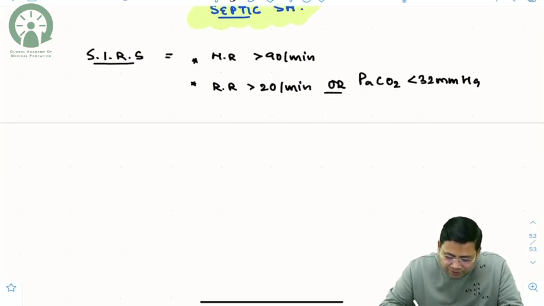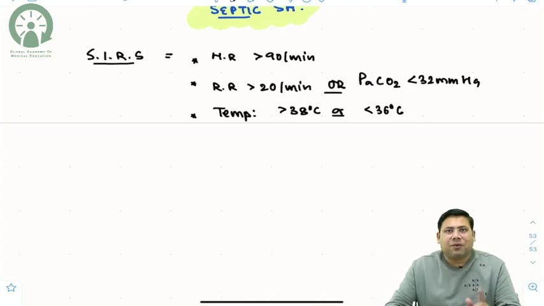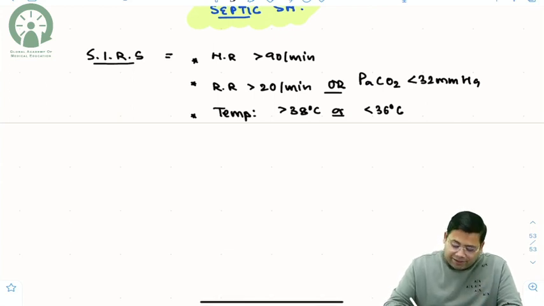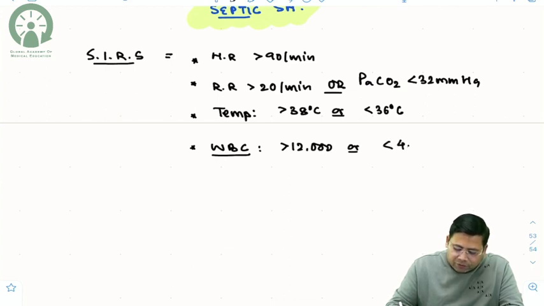The third is temperature of the body on either side, more than 38 degrees Celsius or less than 36 degrees Celsius. Both are important. So heart rate, respiratory rate, temperature, and one more thing is WBC count: more than 12,000 or less than 4,000 per mm cube.